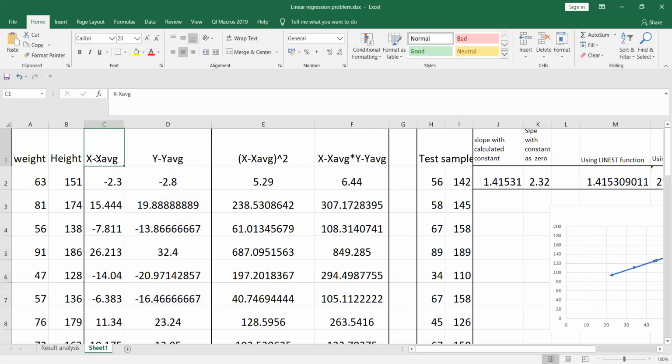With respect to x, this is x minus x average. So I'm finding out the variance in x with respect to the central tendency value, so that I can check whether my line is the best fit line. I can predict it only with the observed value and the predicted value.